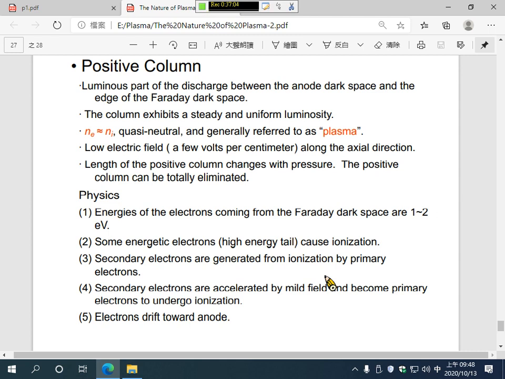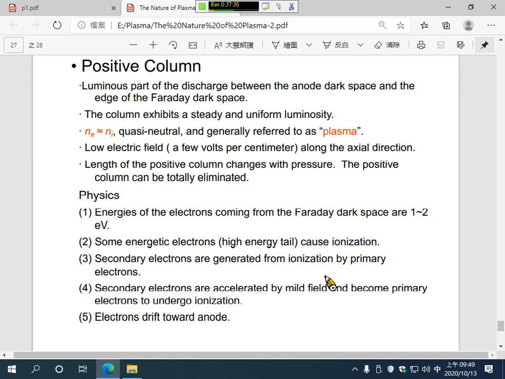So the cation or positive charge density is a little bit higher than the electron density. So this region is named positive column. And usually the potential of plasma is a little bit higher than the ground potential.